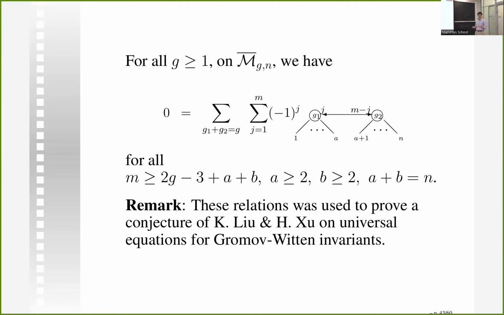And the reason we actually proved that was, before our work, Xiaobo Liu and Hao Qu, when we started this Faber's conjecture, found a lot of equations for the Gromov-Witten potential. Then they said this should be true for the general case, and so they proposed a conjecture, the conjecture of a system of universal equations for Gromov-Witten invariants. That paper appeared in the Journal of Differential Geometry, and in this work Rahul and myself intended to give a proof of the conjecture. So that's one application of this relation.